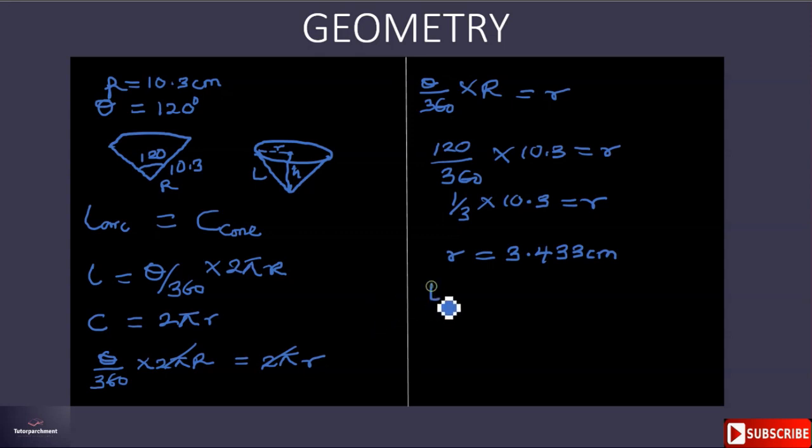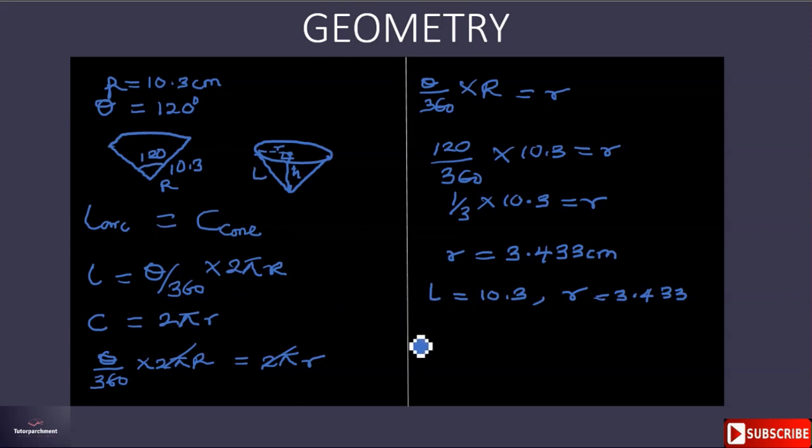The slant height L is equivalent to the radius of the sector, which is 10.3, right? We know the radius of the cone now, which is 3.433. So using Pythagoras theorem, you know that this is a right angle. Yeah, it's a right angle here.